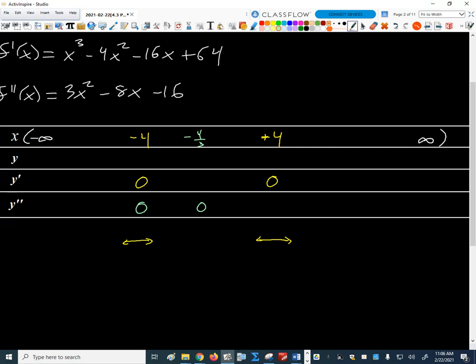All right, so now to find the extrema, we'll apply the second derivative test, right? We factored our second derivative, and that factored into x minus 4 times 3x minus 4, right?